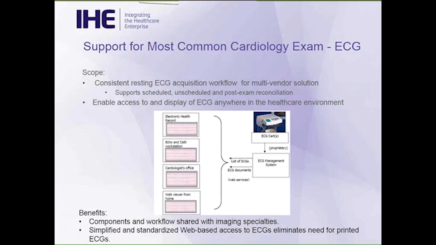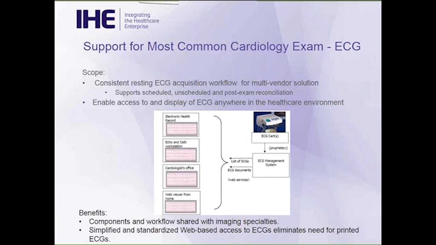And the second profile is the Retrieve ECG for Display profile. This provides access throughout the enterprise to ECG documents for review purposes. And there are several scenarios in which a cardiologist may need to retrieve and review the ECG data, as in preparation for a cath procedure or in order to compare with a previous ECG performed elsewhere.